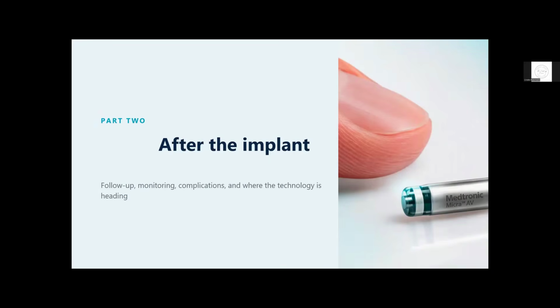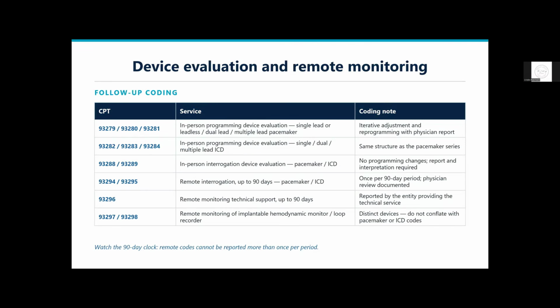Now that we've covered implants, let's look at what happens after the procedures. Follow-up, monitoring, complications, and emerging technology. In-person programming codes 93279 through 93284 require iterative adjustment and a physician report.